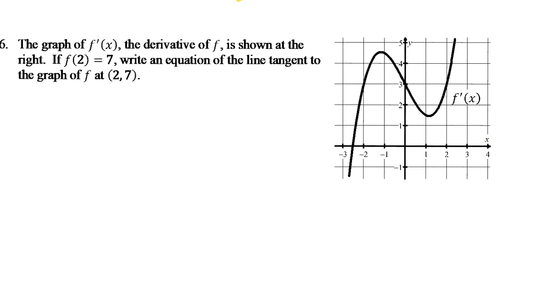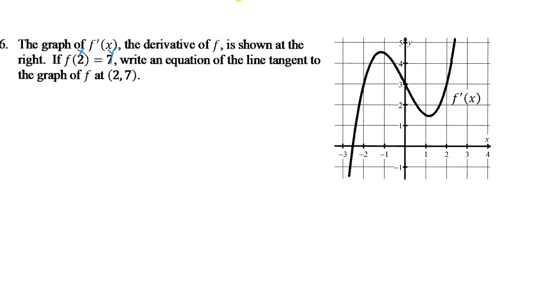Last example. We're going to write the equation of the tangent line again, but they're going to give you the information in a different way. But as long as you know what you have and what you don't have, it's fine. The graph of f prime of x is this one. This represents the derivative of f of x. They're telling me that f of 2 is 7, so the x coordinate is 2 and the y is 7.